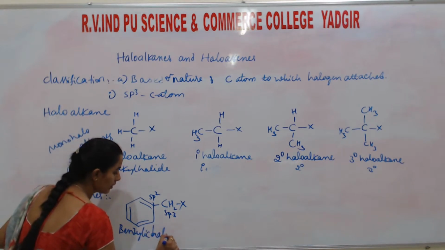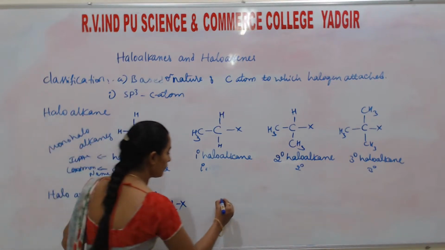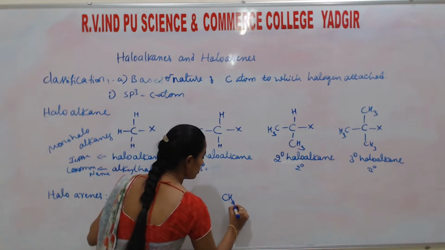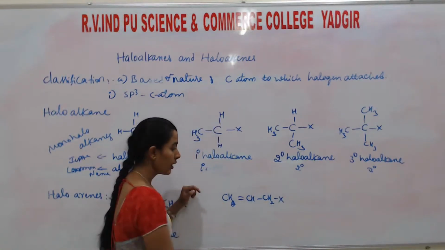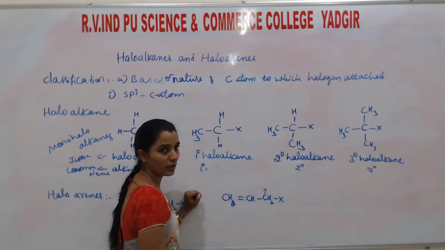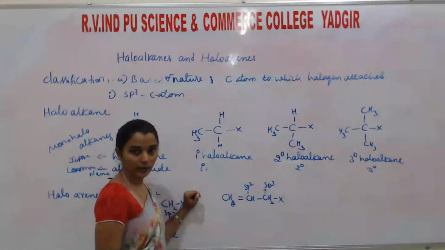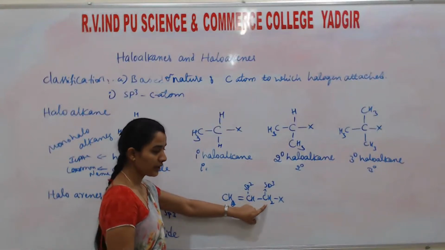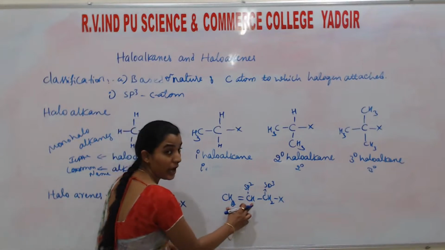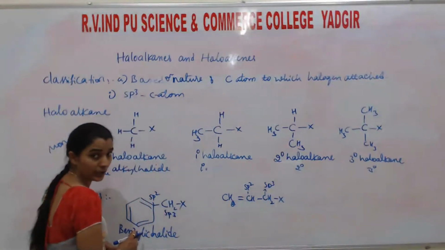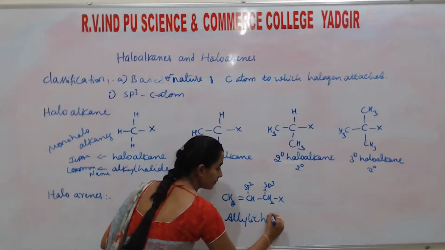Instead, if we take CH2=CH-CH2X, the sp3 hybridized carbon next to the sp2 hybridized carbon in an aliphatic compound, not aromatic, is an allylic halide.